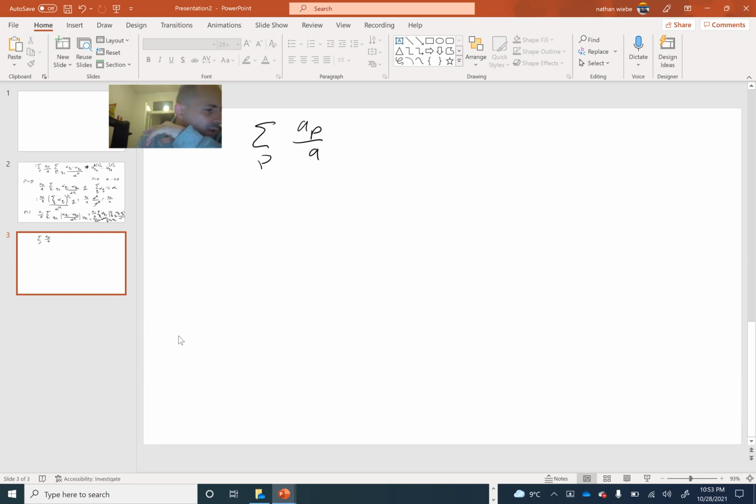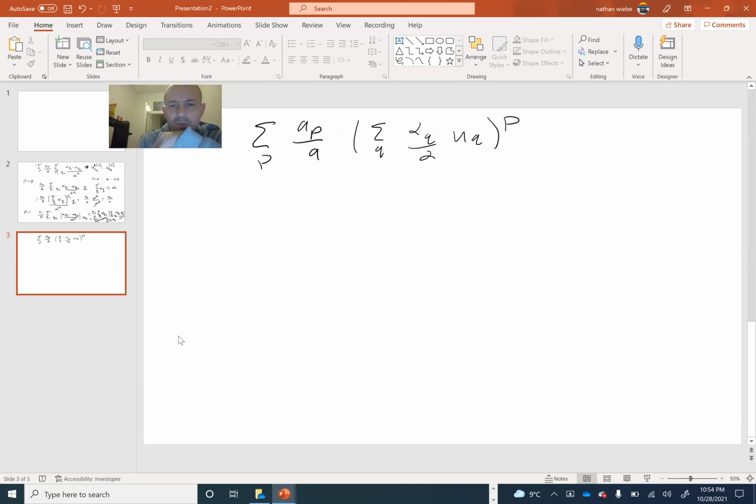Yeah, so the best way of writing this will be that this is the sum of A sub P over A, sum over Q, alpha Q over alpha UQ to the Pth power.